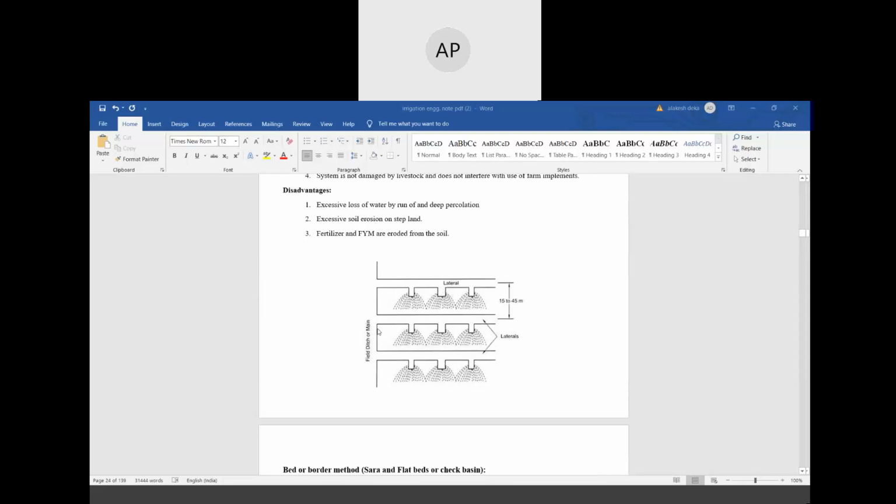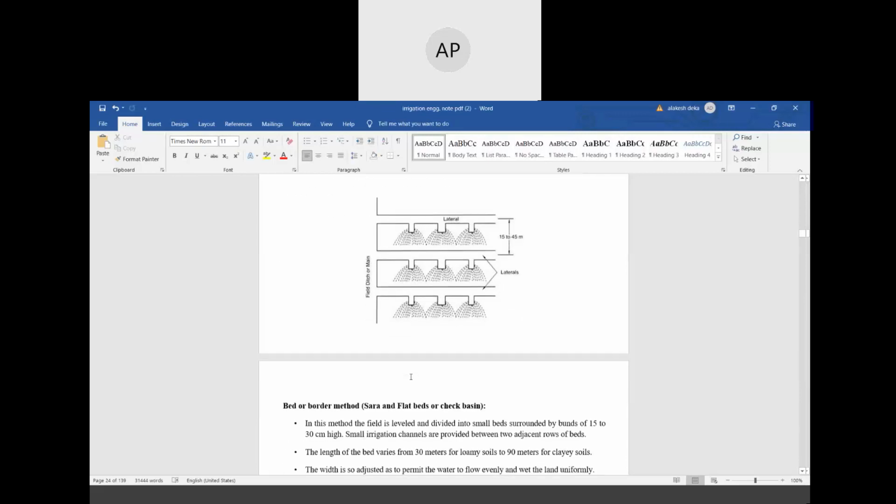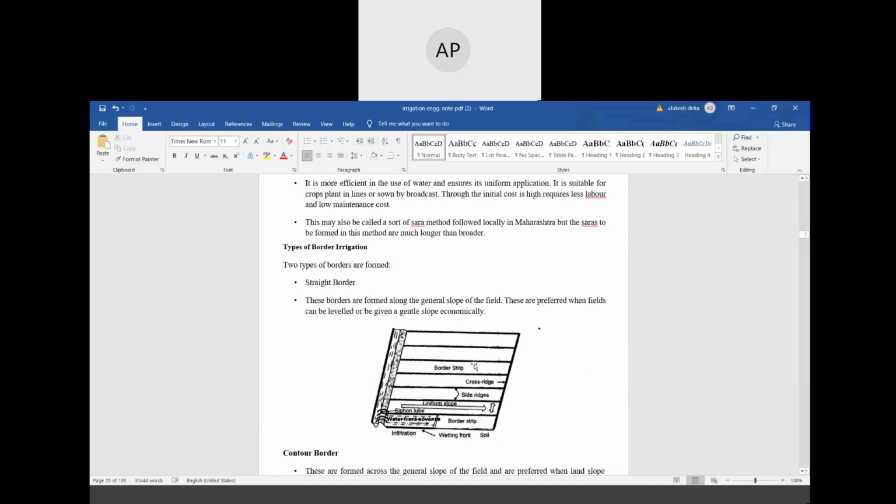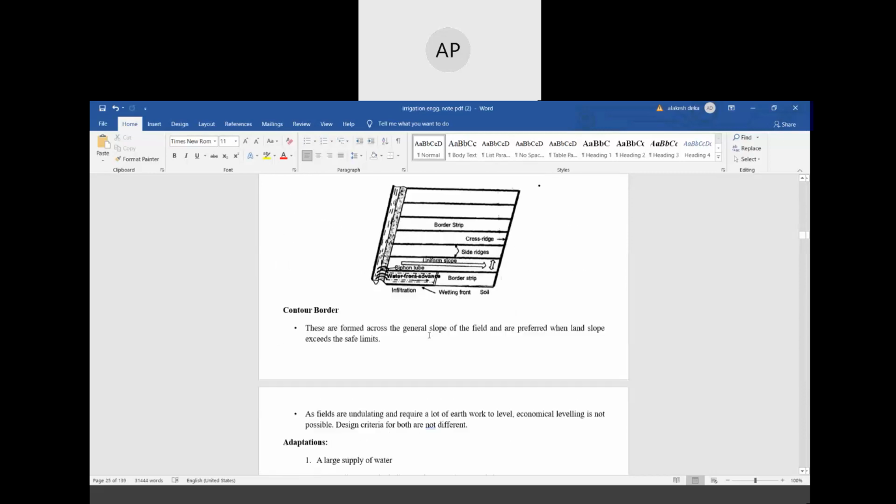Fill the ditch or the main channel, and the channel is applied to the field. The distance between two lateral mains to the sub-branch mains is generally 15 to 45 meters, and water is added directly. This is the border strip method. These are the borders, and here the water is applied from a main channel.